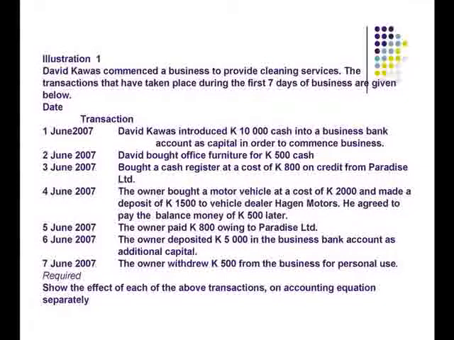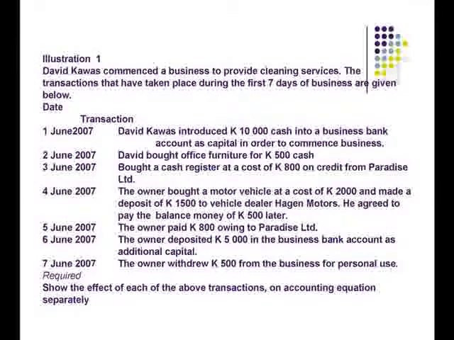So in this case, the value of the asset is 2,000, and he paid a portion of the value, but not the full amount. So therefore, it creates a creditor, but not for the whole amount. The creditor, the amount, accounts payable is 500 kina only. So in this case, 3 accounts involved, so we can see the solutions later on.